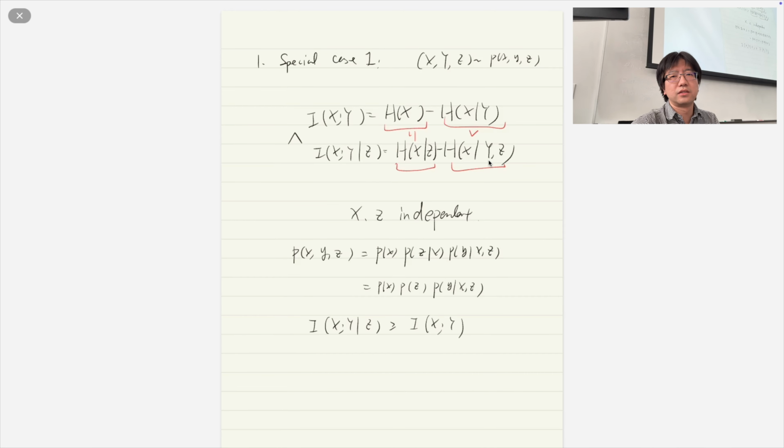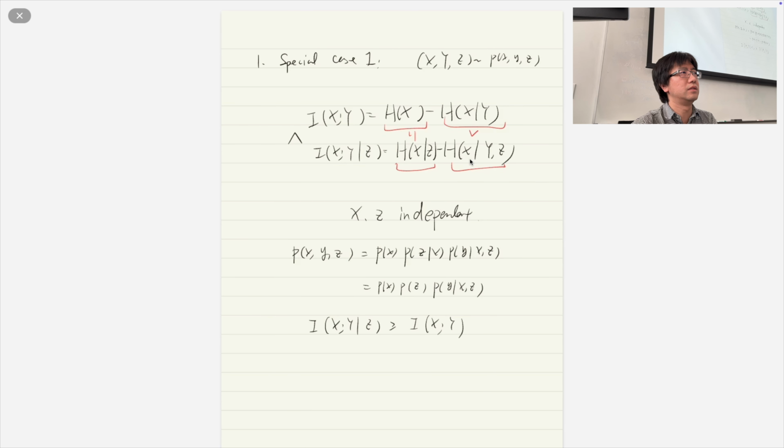Okay, so intuitively, we may want to pay more attention here. Given Y and Z, Y can reduce entropy, right? We know conditioning reduces entropy. But what we are given here compared to this is Z. Z and X are independent, right?